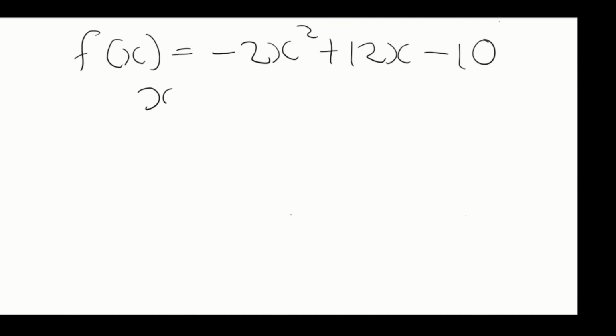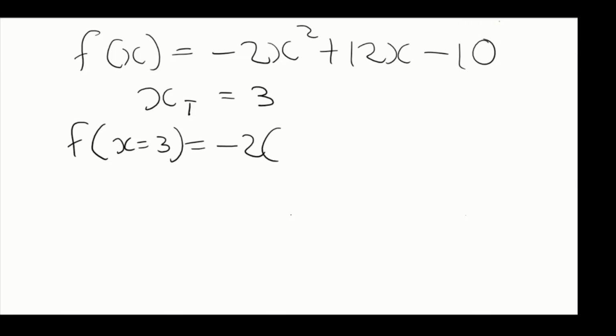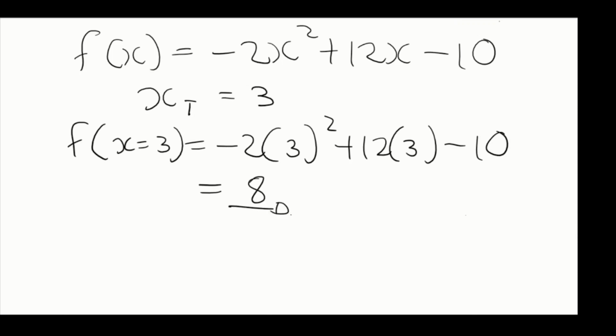And we already know the x value of the turning point, which is equal to 3. We're simply going to substitute that x equals 3 into our f of x to find the y value of the turning point. So if you punch your calculator, you will find that the y value of the turning point is equal to 8. So therefore our k value is equal to 8.